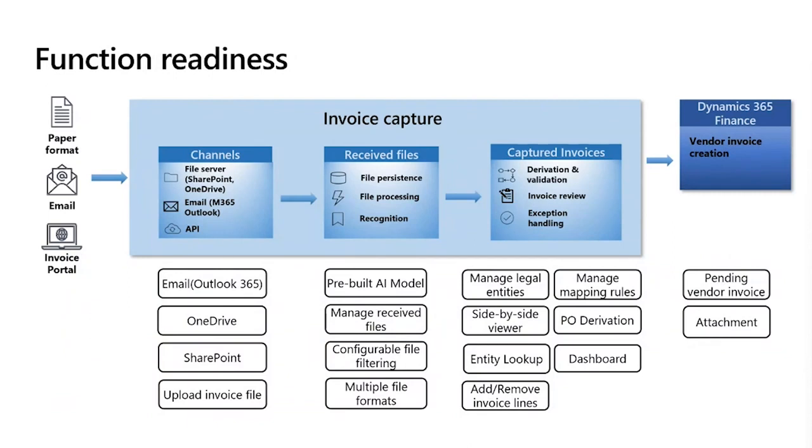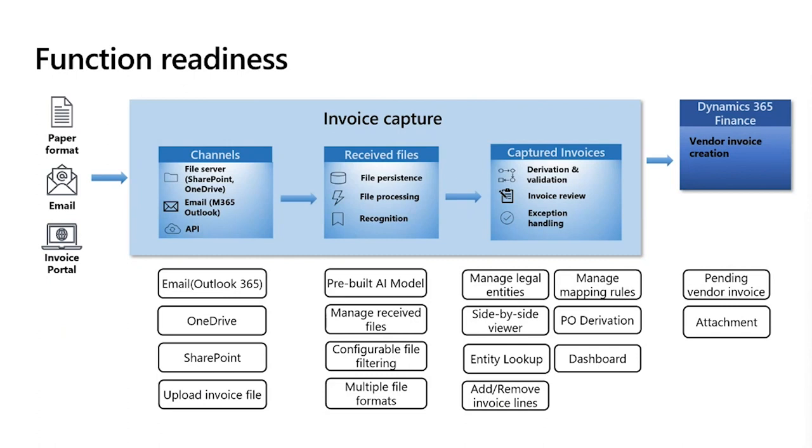Now, let's have a deep dive into the functions which are already ready in the current preview version. Basically, in the invoice capture, the invoice processing can be categorized into 3 phases.